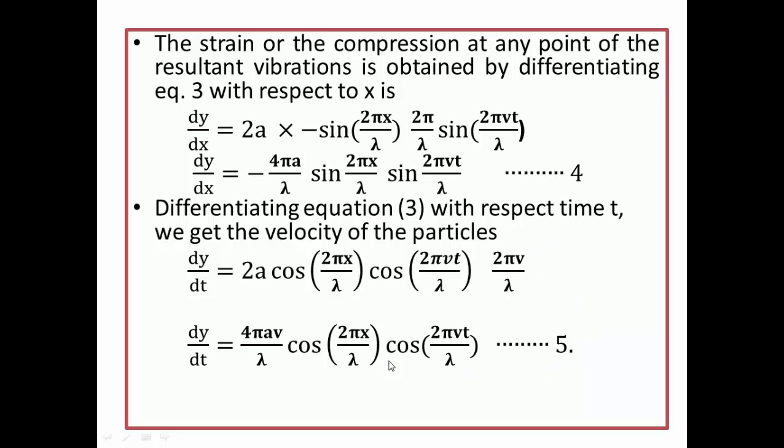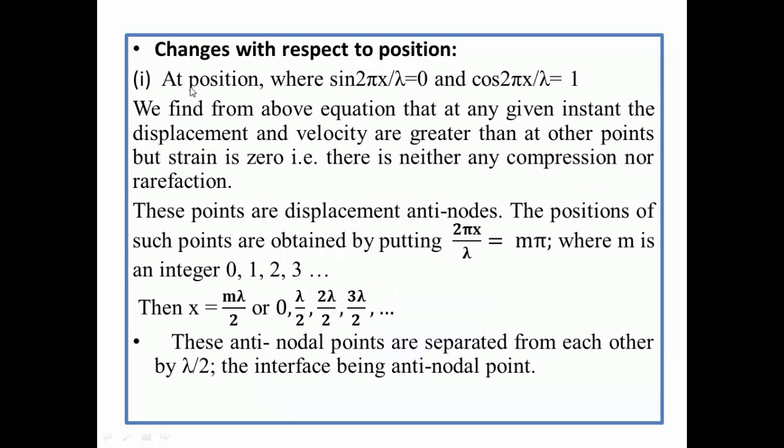Using these three equations, y equal to 2a cos twice pi x by lambda into sin twice pi Vt by lambda, this equation of strain obtained by differentiating, and this equation of velocity, we find changes with respect to position and changes with respect to time.